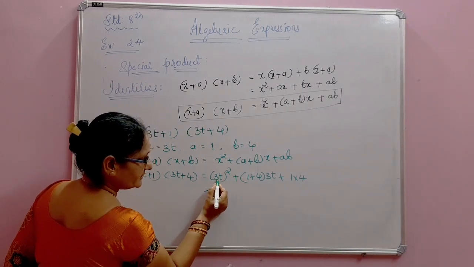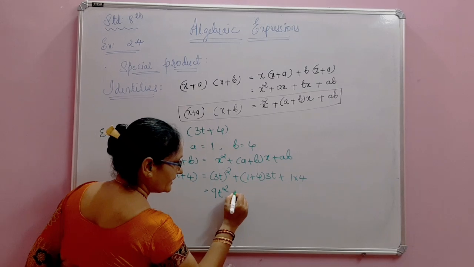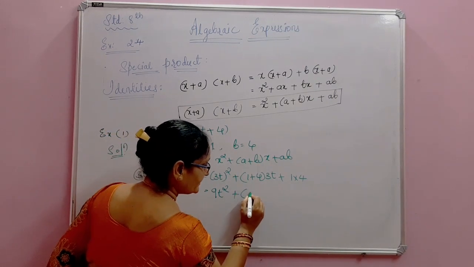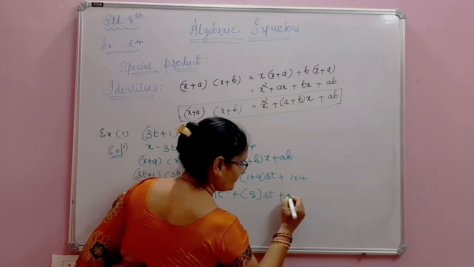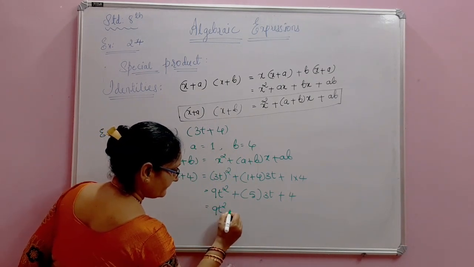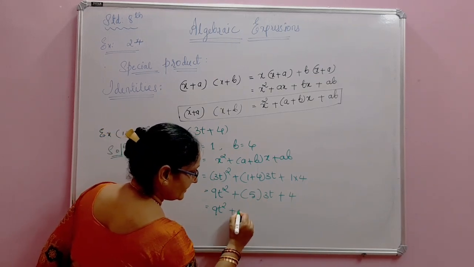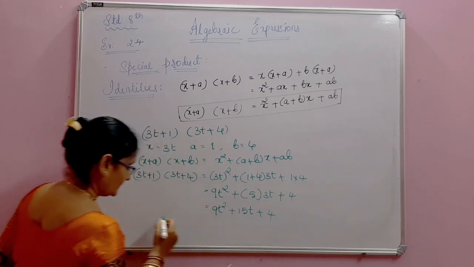So 3 squared means 9, t squared, 9t² plus 1 plus 4 is 5 into bracket 3t plus 1 times 4 is 4. Now 9t² plus 5 times 3 is 15t plus 4.